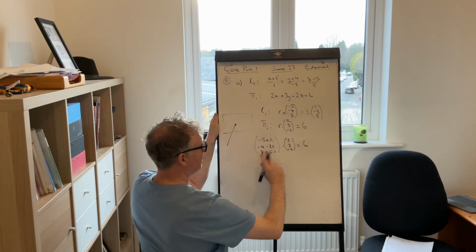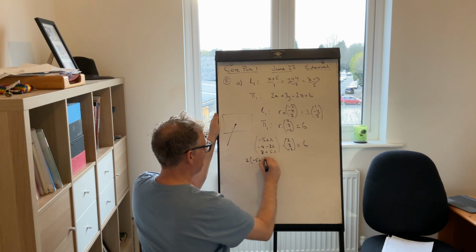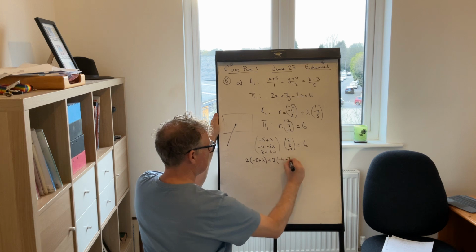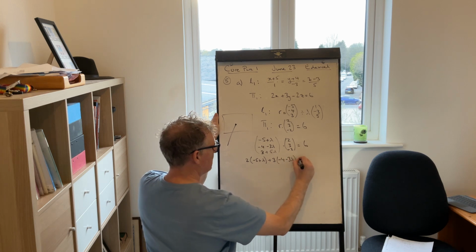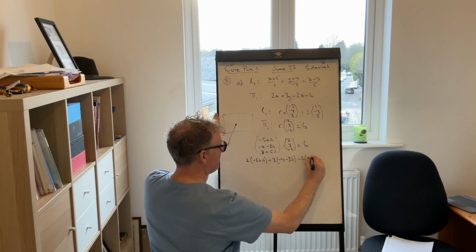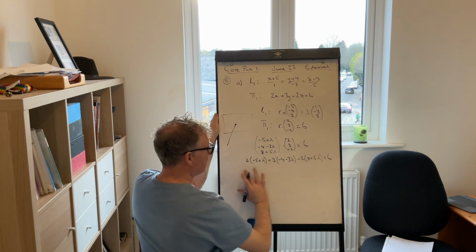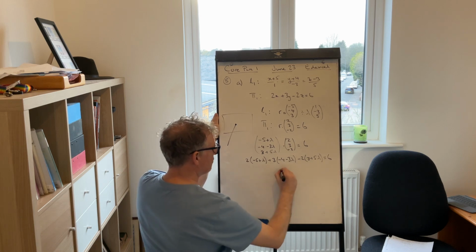Now we can multiply along, so we get 2 times (minus 5 plus lambda), plus 3 times (minus 4 minus 3 lambda), minus 2 times (3 plus 5 lambda), equals 6.